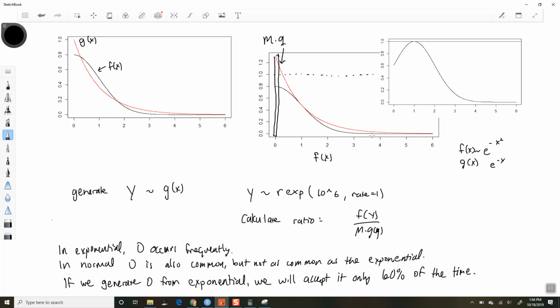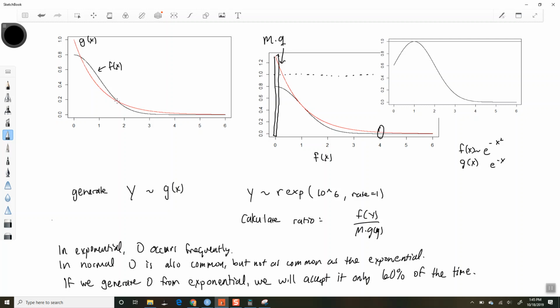So the intuition is that we can take the ratios to figure out how often we should accept. Even values like over here, 4 does not occur very frequently in the exponential distribution, and it occurs even less frequently in the normal distribution, so we just take this ratio, okay?